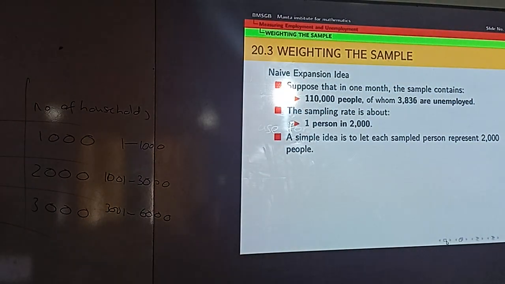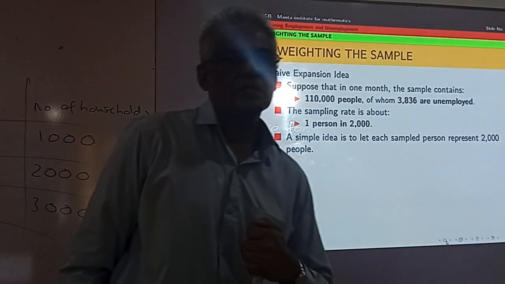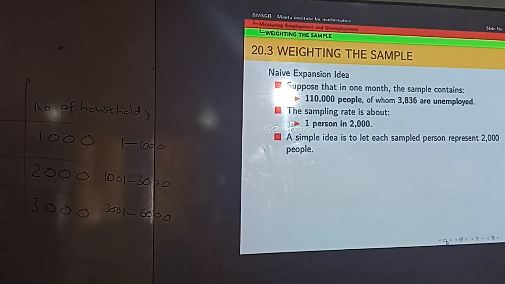Now let's see how to actually get the estimates. What they do is something called weighting the sample when they do the calculations.